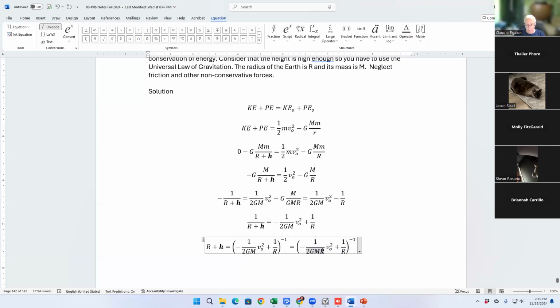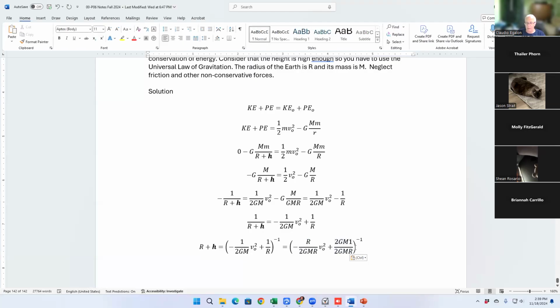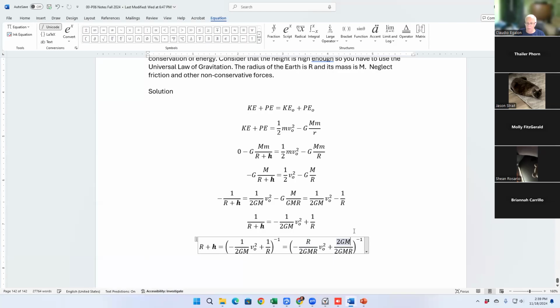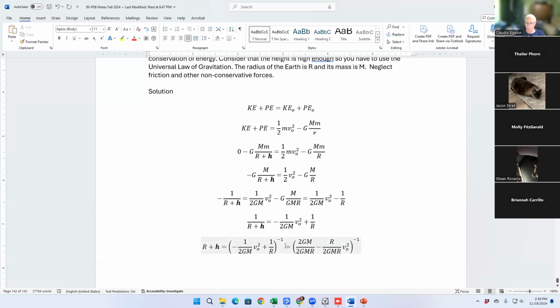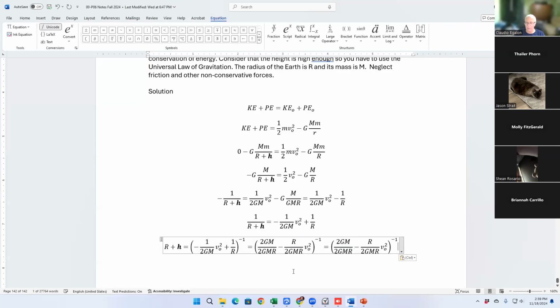I have to divide by R and multiply by R. I have to divide by 2GM and multiply by 2GM. Now we have the same common denominator. I'm going to commute those two so I don't keep on carrying an additional plus sign. Let's see if we fit it here. 2GM minus R v naught squared.